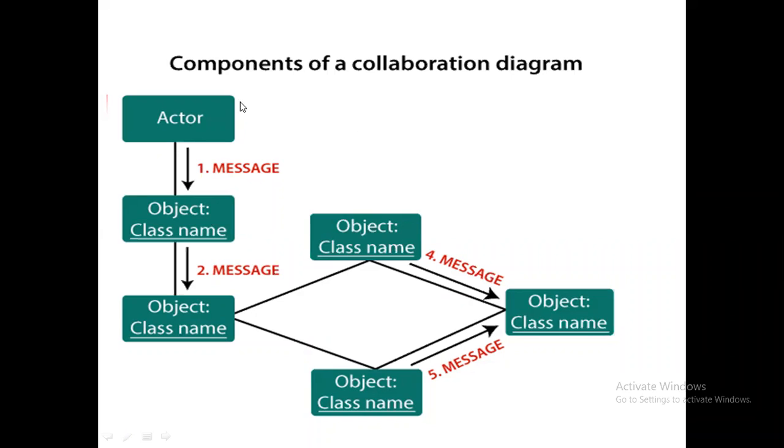These are the components of a collaboration diagram: actors, messages, objects. Multiple objects are interconnected and the messages flow: one dot message, two dot message, three dot message, four dot message, etc.